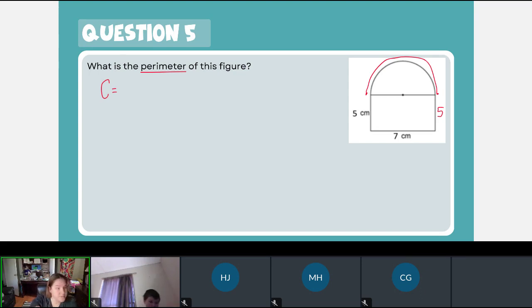So the circumference of a circle is diameter times pi, or 2 pi r. But they gave us the diameter, right? All the way across, because this 7 would also be this 7. So 7 is our diameter. So this would equal 7 times pi. Somebody type that in your calculator. What is 7 times 3.14?